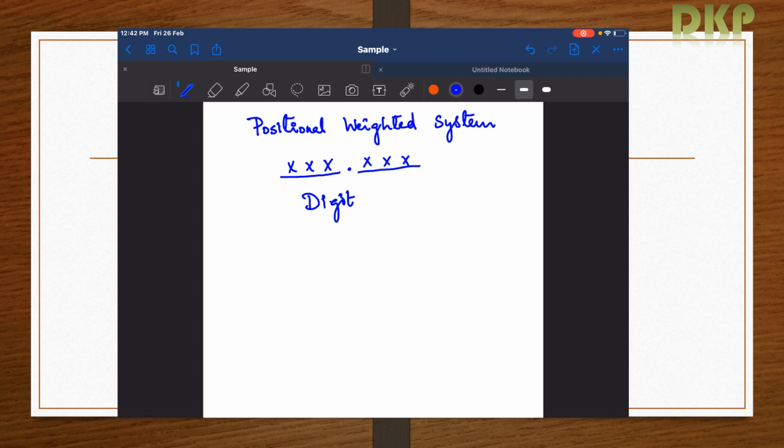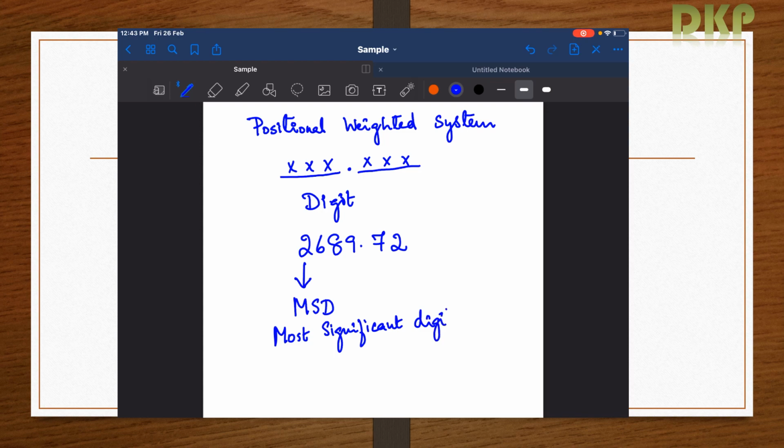For example, you have this number like this, 0.72. So this is the leftmost digit which is having the greatest positional weight, and it is called MSD or most significant digit.